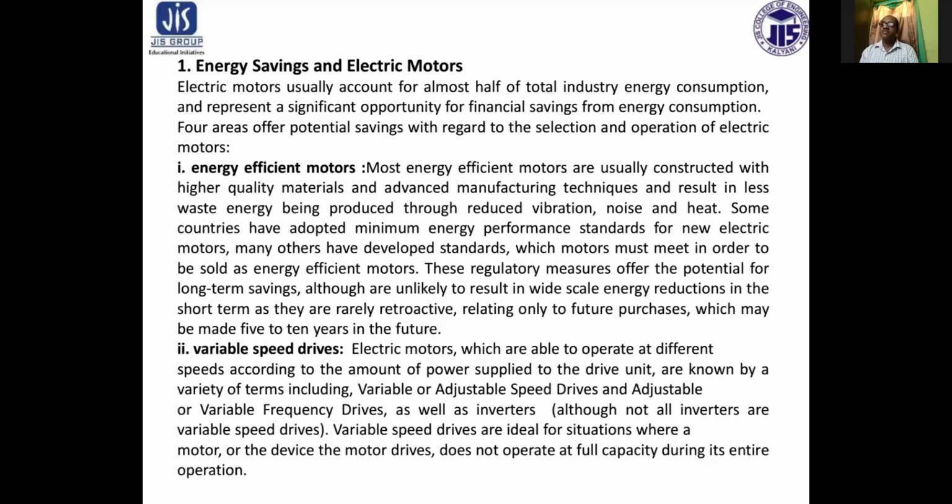Variable speed drives are ideal for situations where a motor or the device of the motor drive does not operate at full capacity during its entire operation, for example, the fans and pumps in HVAC systems and distribution systems in processes.